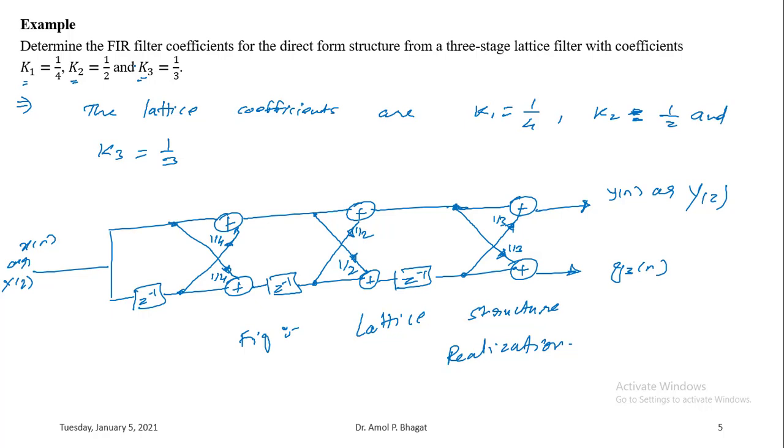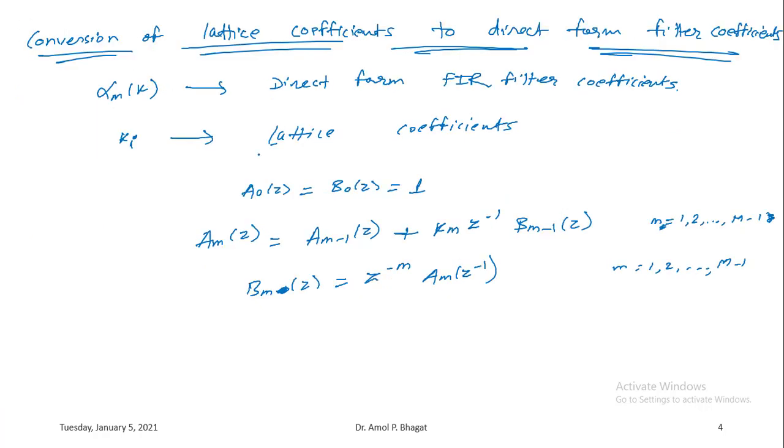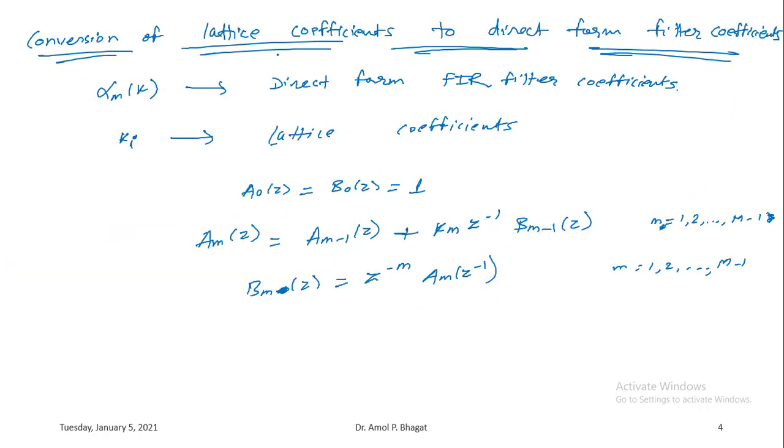Okay, so as per this equation, you have a0 of z and b0 of z is equal to 1. So you will start with a0 of z is equal to b0 is equal to 1, right? Then you can write the equation here, that is a1 of z is equal to a0 of z plus k1 z inverse b0 of z, right?